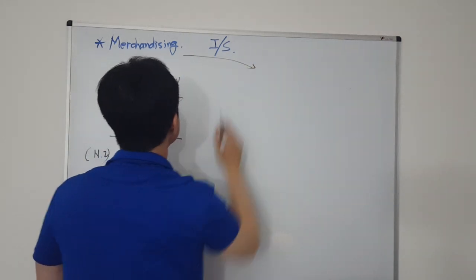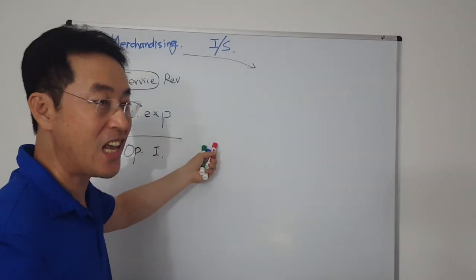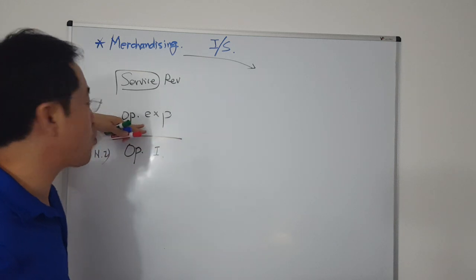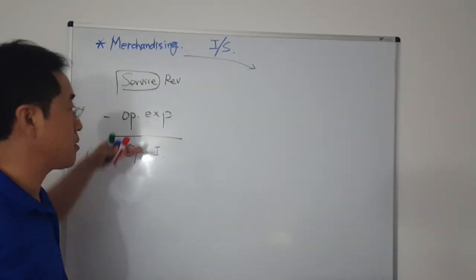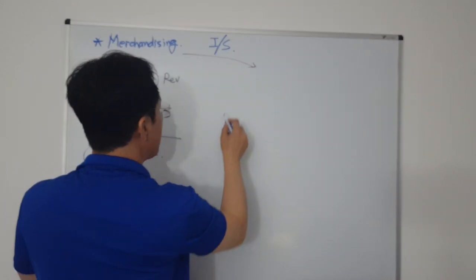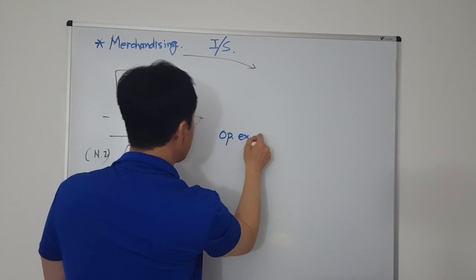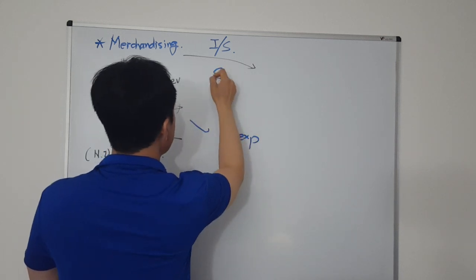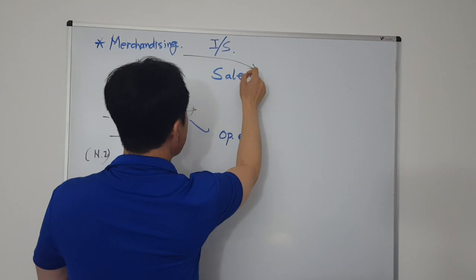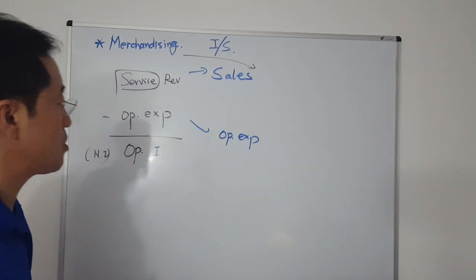But merchandising industry, because of nature of business, we have more than one expense. Remember? So we have operating expense like here, let's say sales, that's the revenue, name of the revenue, the merchandise industry, right?